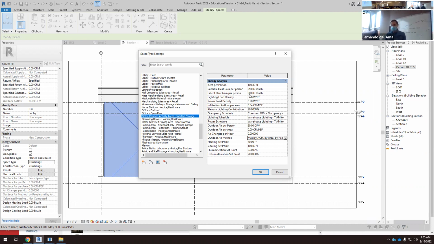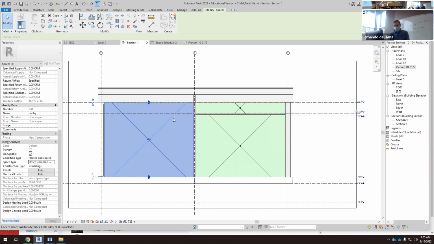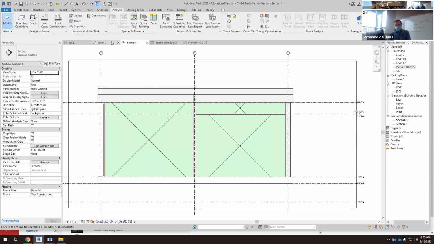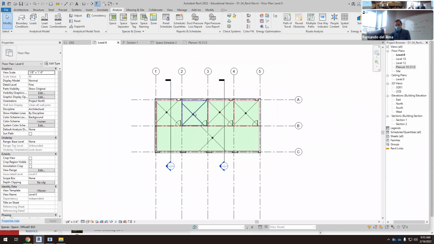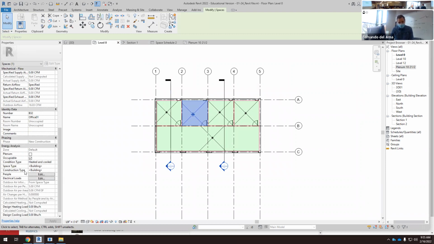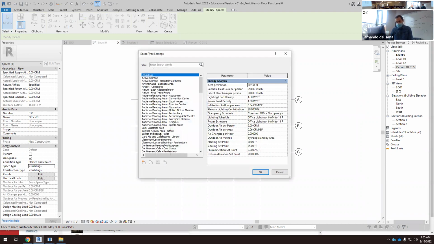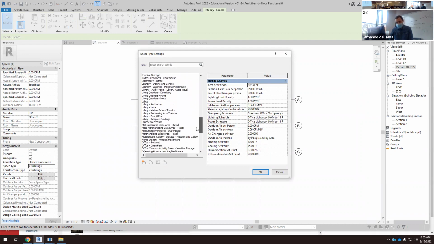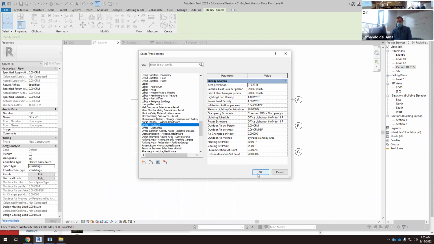Okay. So this is it. Let's click OK here. And now we can go to level 0. This is Office 1. In Office 1, we can select the space type, and this would be Office enclosed. Let's assume that all these options are correct.